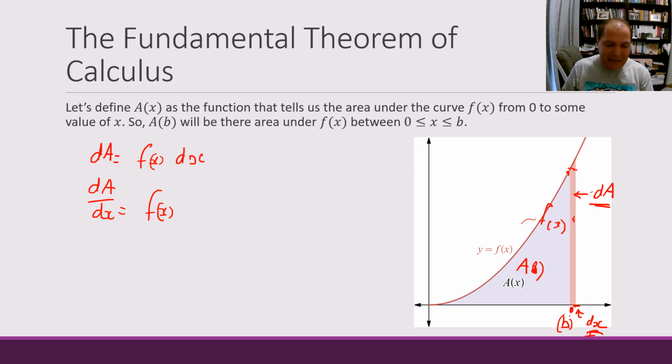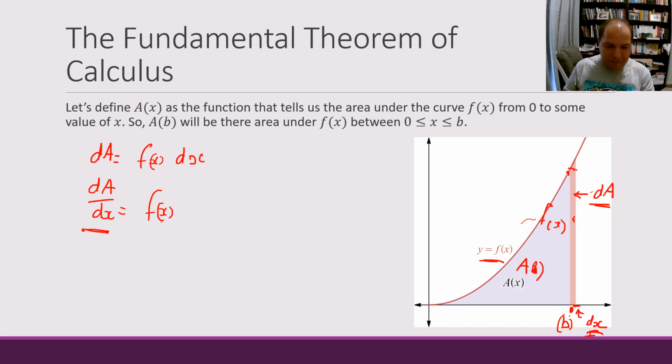What we're saying here is that for the area under the curve f of x, the derivative of the area function is equal to the function itself. So f of x is the derivative of the area function.